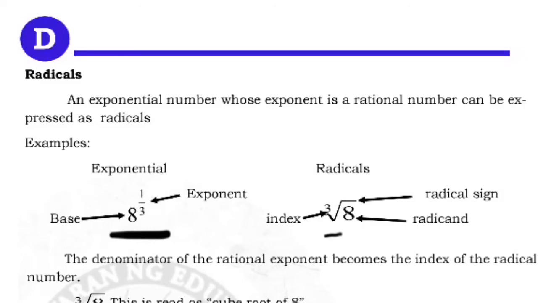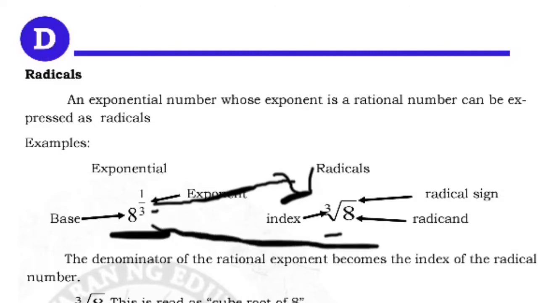Then the radicand is 8. So the denominator of the rational exponent becomes the index of the radical number. In here, this is the denominator 3, so this will become the index 3. Then the base will become the radicand, and the numerator of the exponent will be the power.